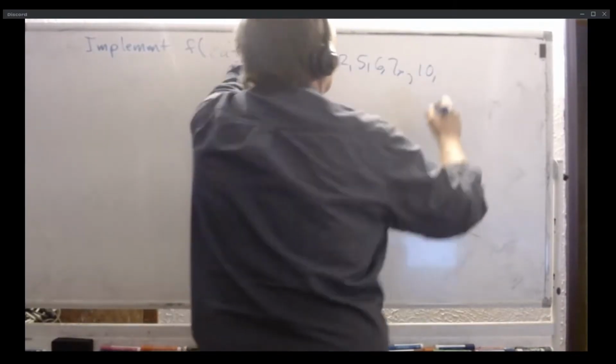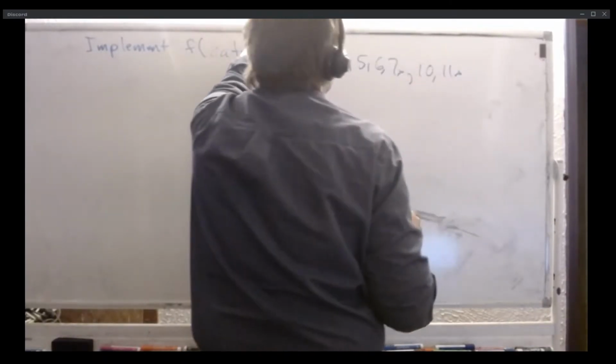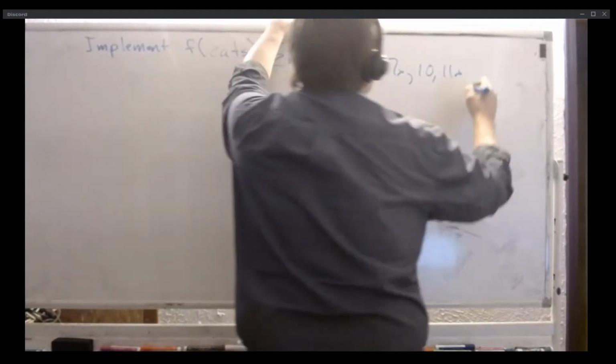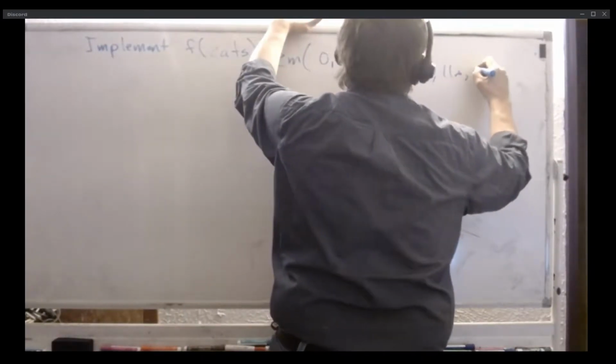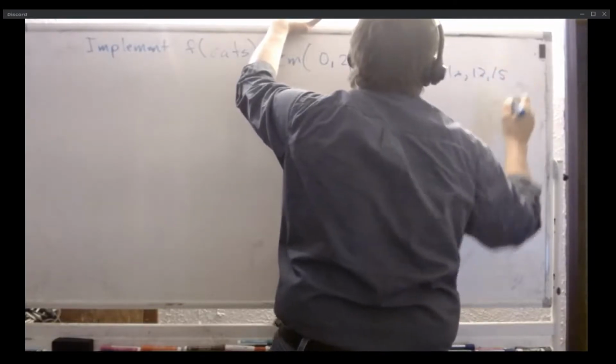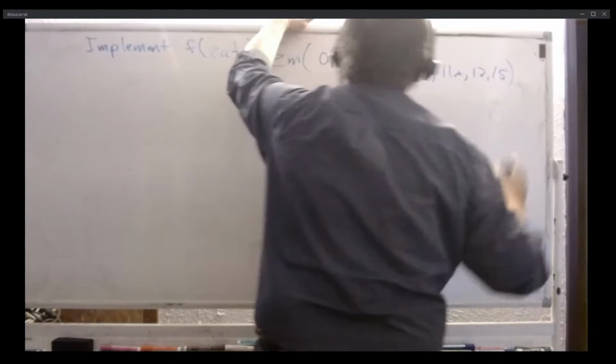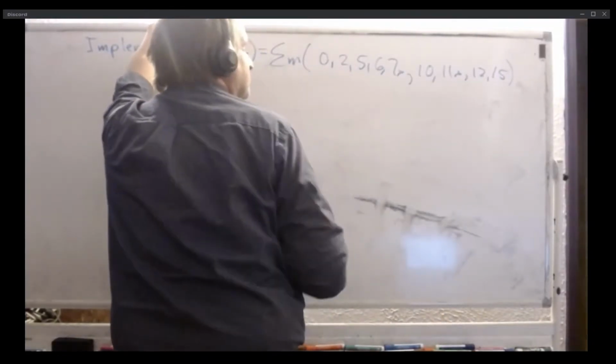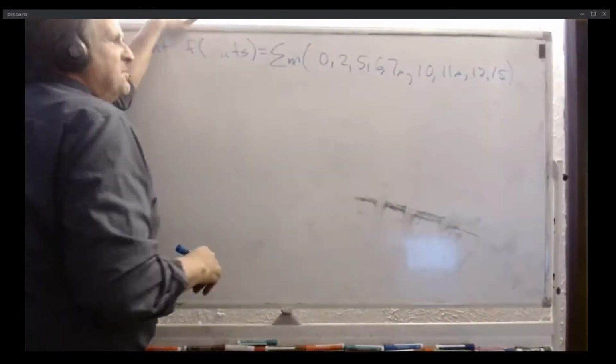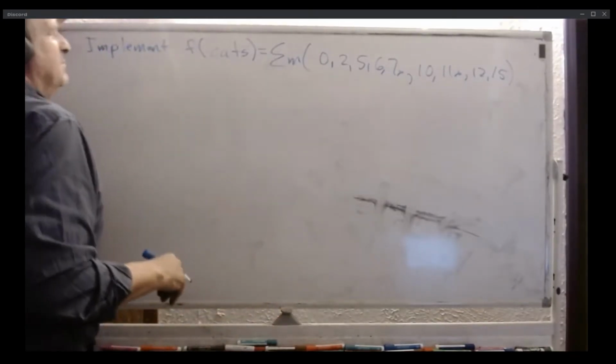Don't care. 12 and 15. Don't care. Okay, can we make 15 not a don't care? Sure. I'm just throwing numbers out, so you have to correct them. Let's make 15 not a don't care. I think it'll be fun.